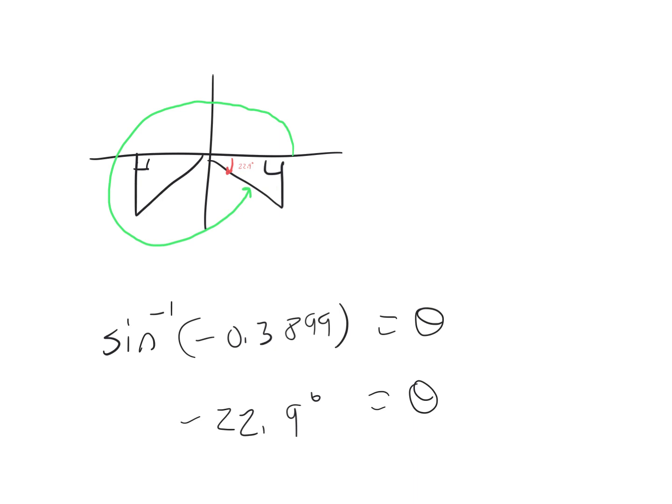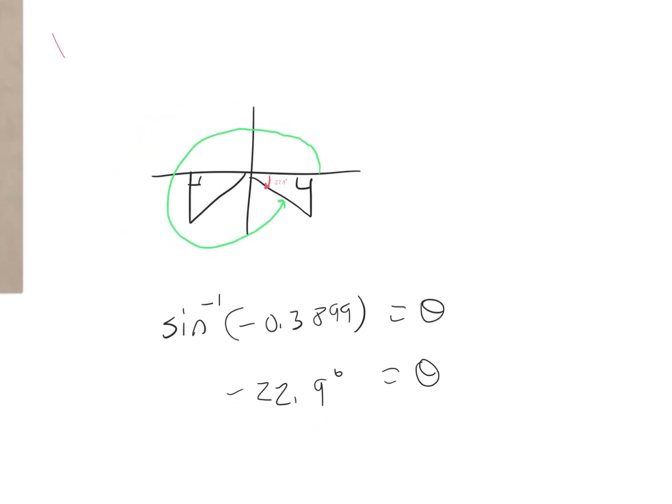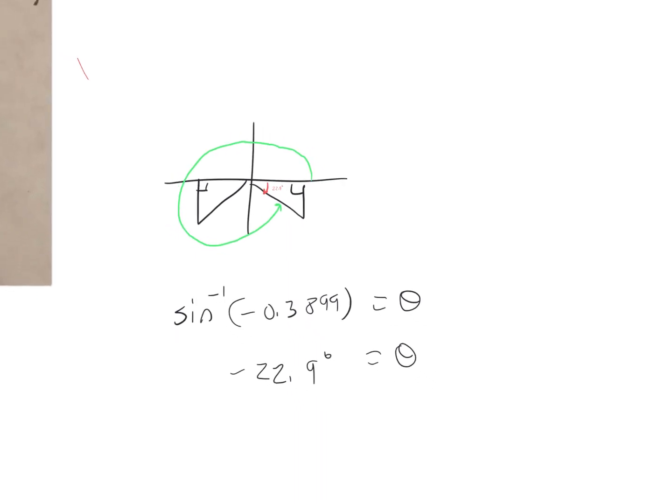So 360 minus 22.9 is 337.1 degrees. So that's this large angle that goes all the way around to that moment right there. So we would have theta equals 337.1 degrees.